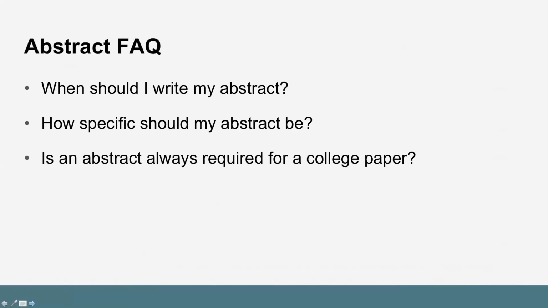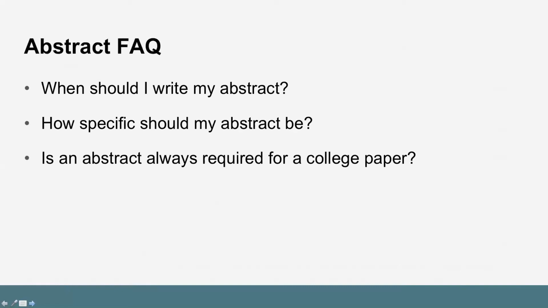Another frequent question that we get is, is an abstract always required for a college paper? We often get this question from students in disciplines that use APA, because an abstract is a component of an APA paper. So APA actually requires an abstract.